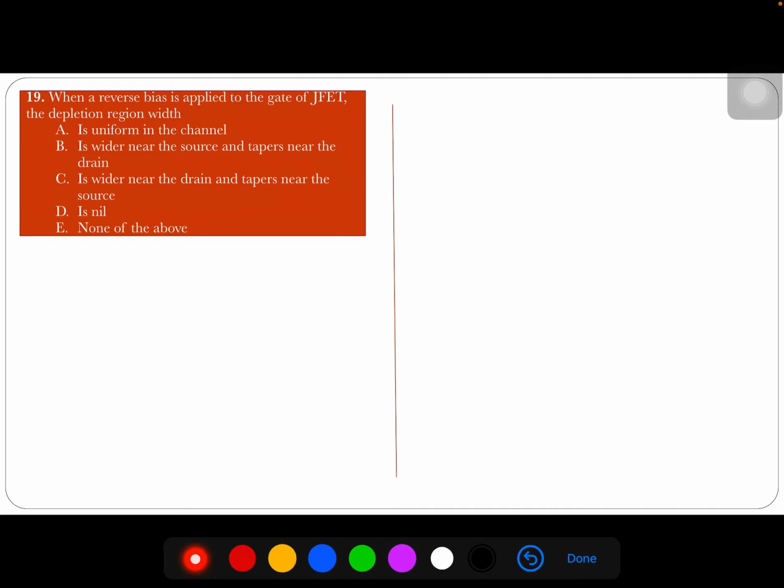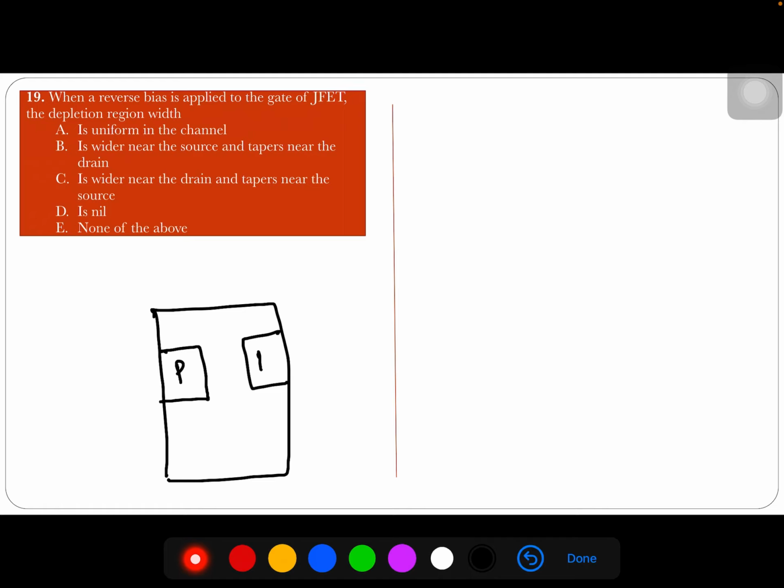But according to the given options, you are asked about the depletion region width here. So let me draw the structure of a JFET for you. I am referring to an N-channel JFET. These are two P regions, and the space in between them is the channel through which the current will flow, and because it is N type, it is called N channel. It is the drain part, it is the source part, and it is the gate part.